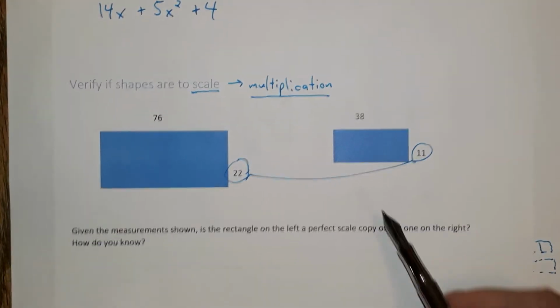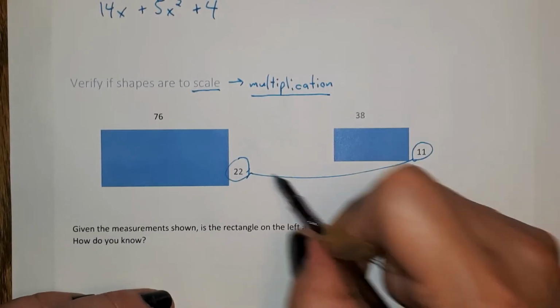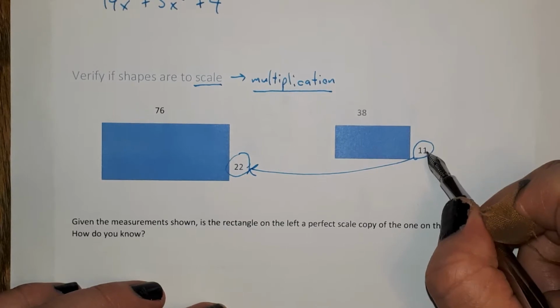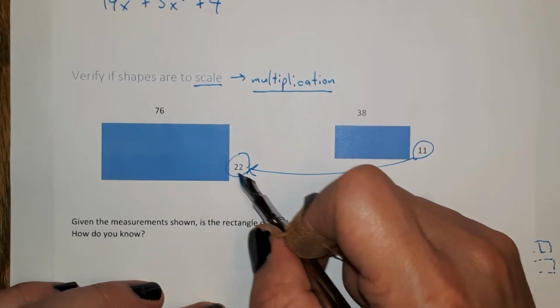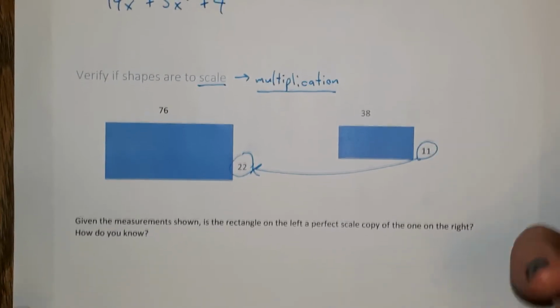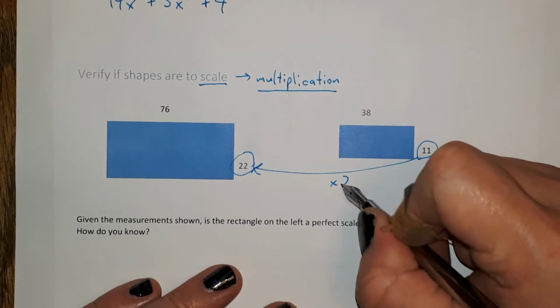So this perfect proportional thing, is it perfect? Let's find out. Just to keep my brain simple, I'm going to say from 11 to 22. Could I go from 22 to 11? Yes, but then it's getting smaller and I'd have to multiply by a decimal number or something. We can just say multiply by 2.